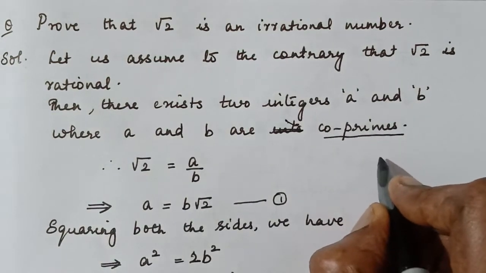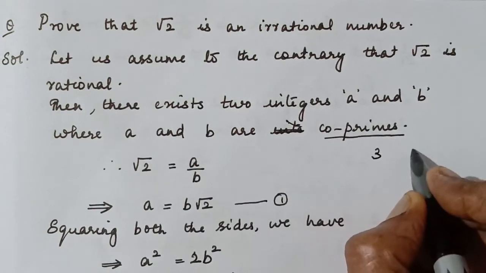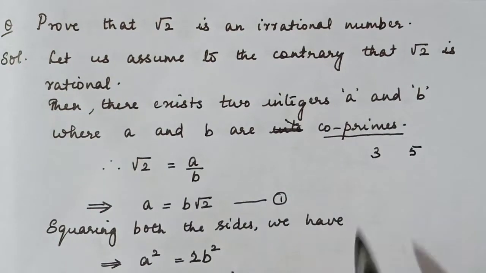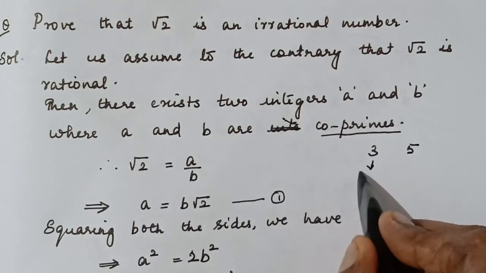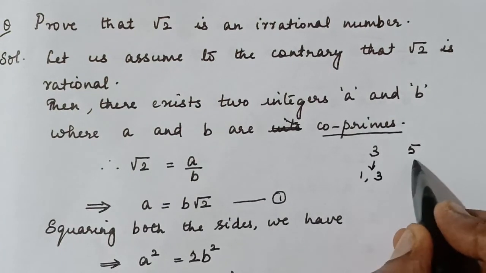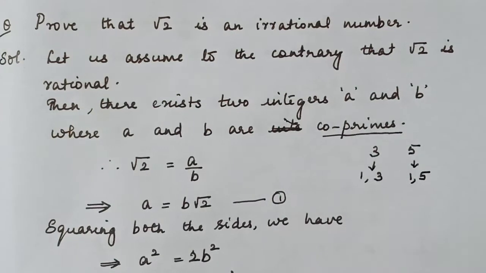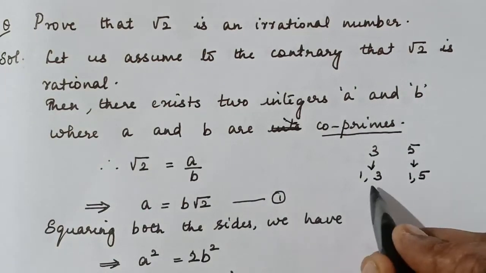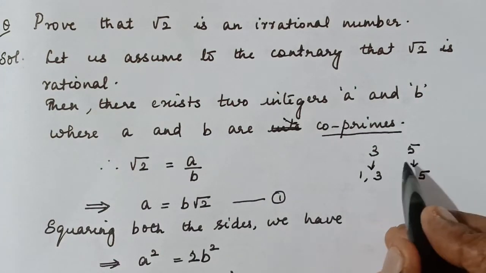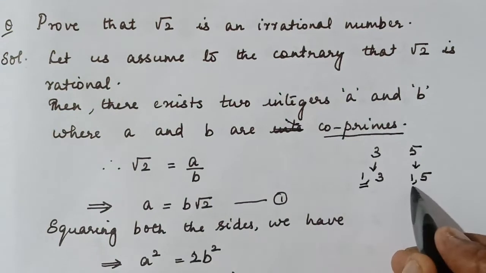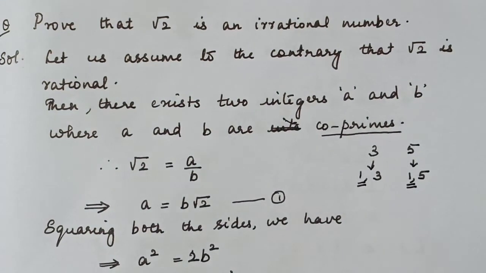Suppose we take 3 and 5. What are the factors of 3? 1 and 3. And for 5, 1 and 5. If you take the HCF of these two numbers, what will be the common factor? 1.